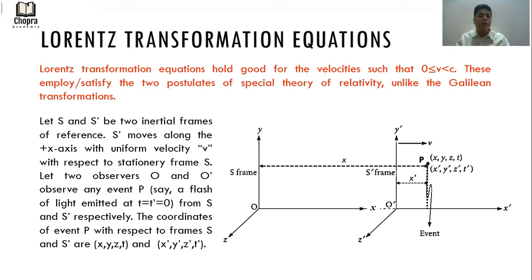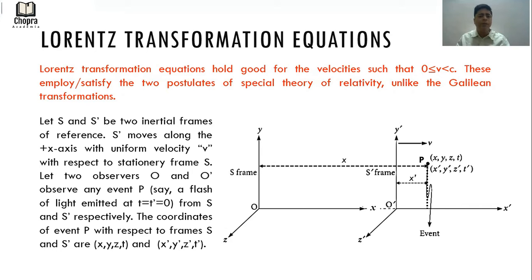These satisfy the two postulates of special theory of relativity, unlike the Galilean transformation equations, which violate the postulate of constancy of speed of light. We'll see very shortly how these take care of the postulates.